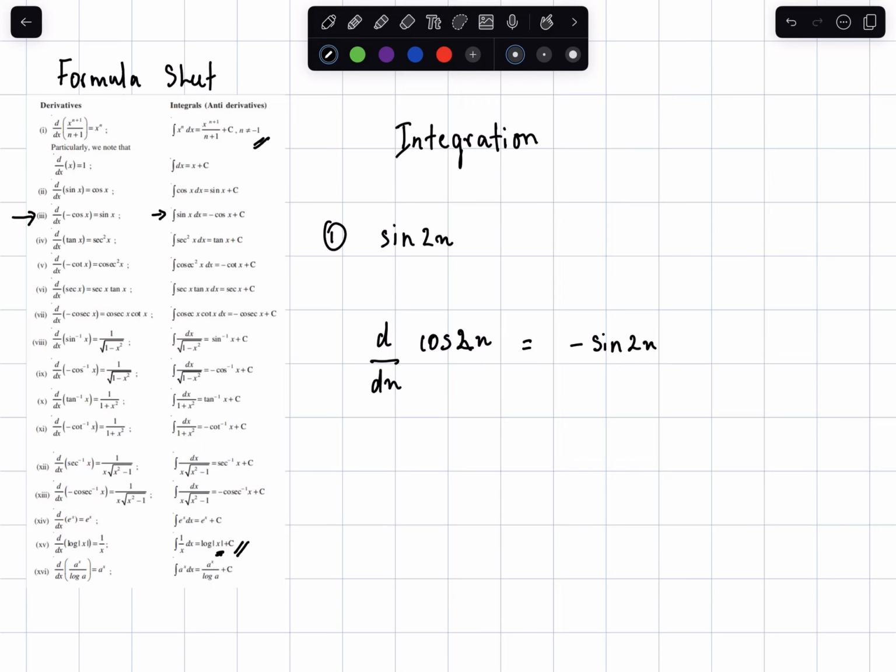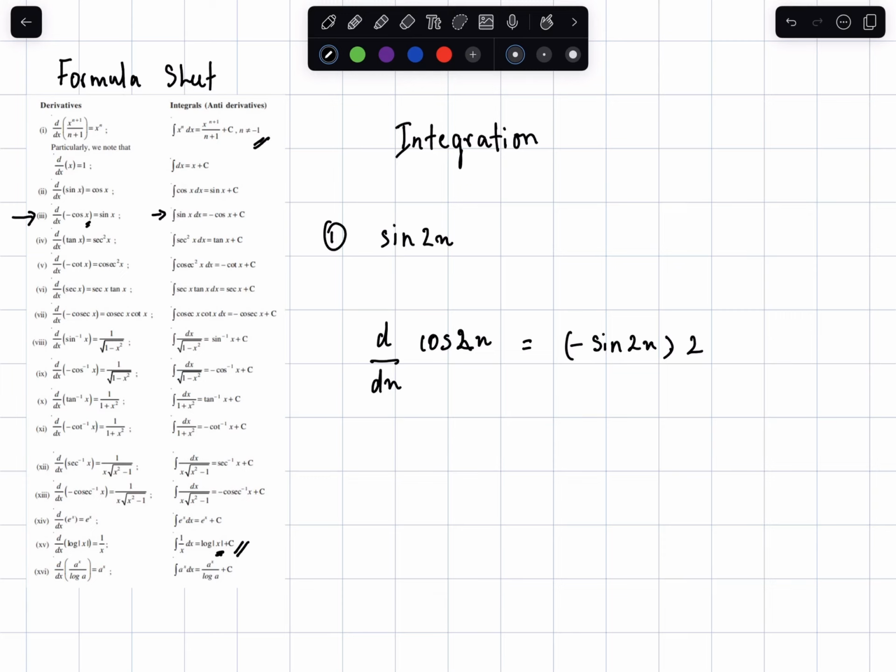Now, because you differentiate with respect to x and you differentiate cos to sine, but you have 2x, you have to differentiate 2x also, because over here the formula is only cos x. So you need to differentiate 2x and multiply with that. So the differential of 2x is what? 2. So the whole thing times 2.